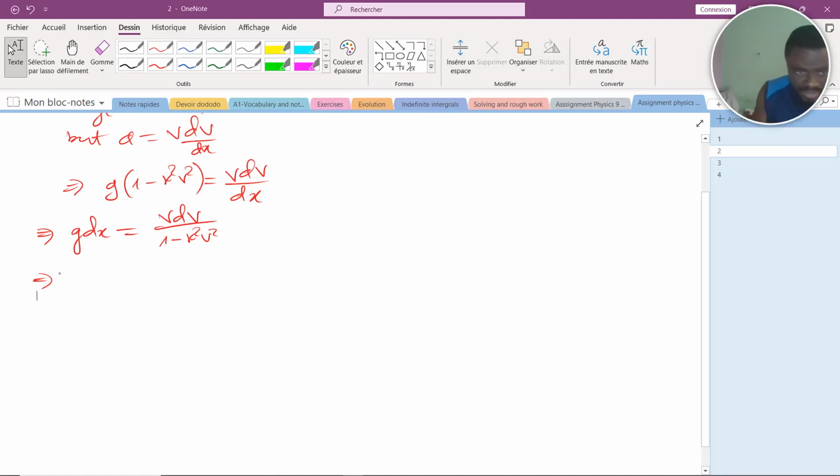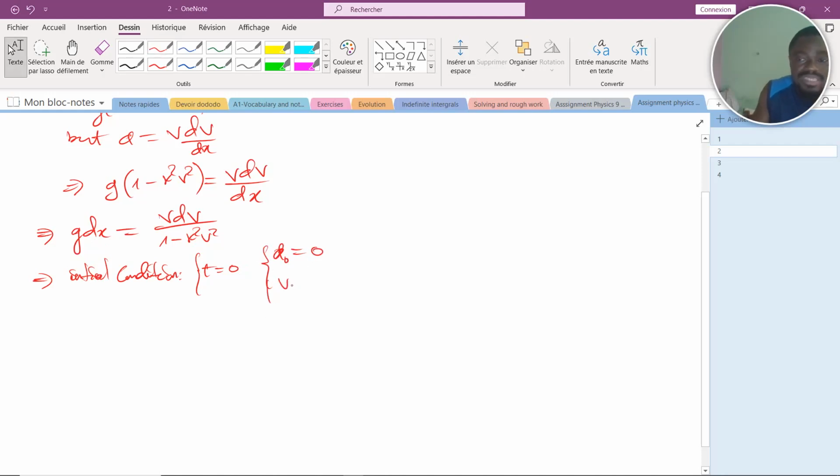Before introducing the integration signs, let me first introduce the initial conditions. At time t equals 0, the distance d0 was equal to 0.